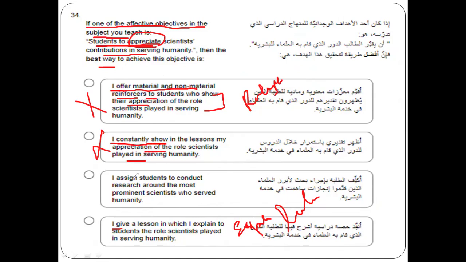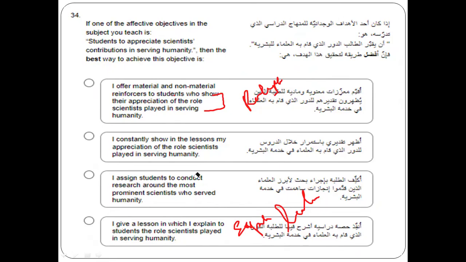So according to this, when you are valuing somebody, you have to assign students to conduct research on the most prominent scientists who served humanity. You let the students get involved, finding who has conducted research and what he or she has done for humanity. Okay, so the third option is the correct one.